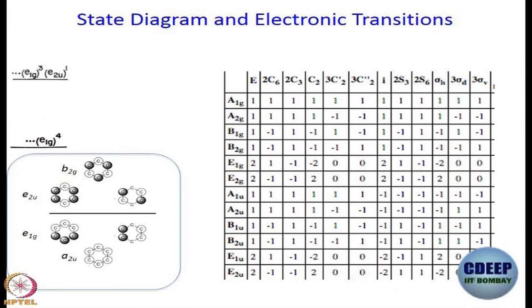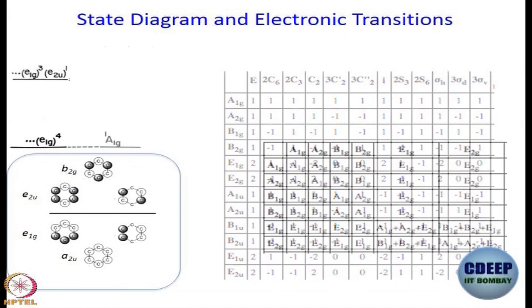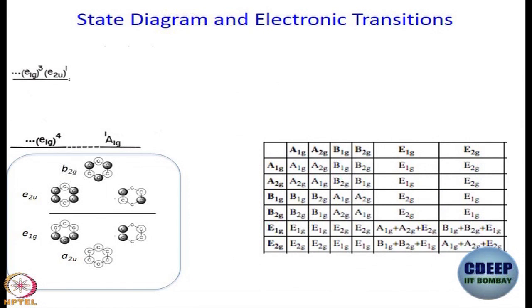All occupied MOs are doubly occupied. In that case, Vishwarup's original answer is correct. When all filled MOs are doubly filled, then it is a totally symmetric state. So, this is a singlet A1G state, singlet because all electrons are paired, you can just go by that.